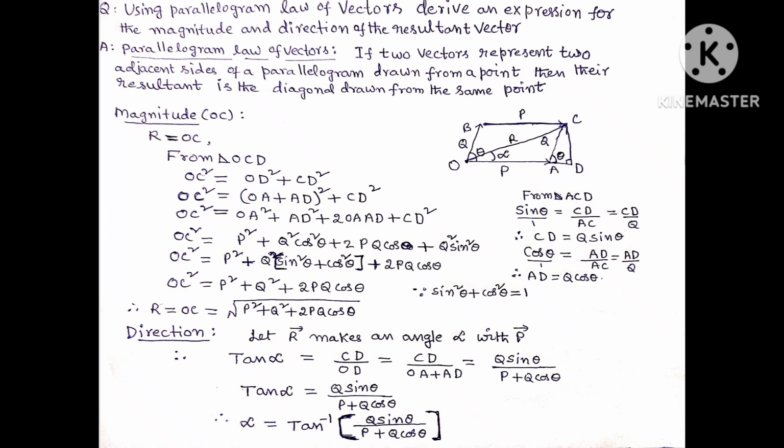OC square is equal to P square plus Q square cos square theta plus 2PQ cos theta plus Q square sin square theta. That implies OC square is equal to P square plus Q square times (sin square theta plus cos square theta) plus 2PQ cos theta.